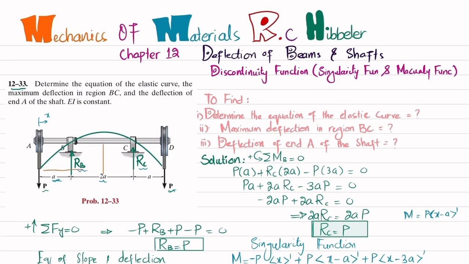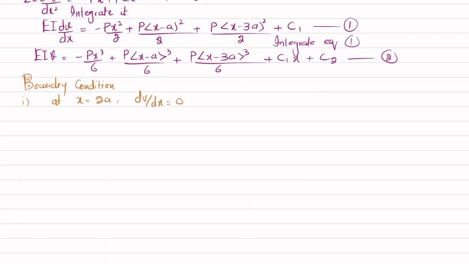The length is 2a, and if you take a tangent to this curve at this point, dv over dx, which is the slope, is equal to 0. So put in equation number 1, because equation number 1 is for slope.